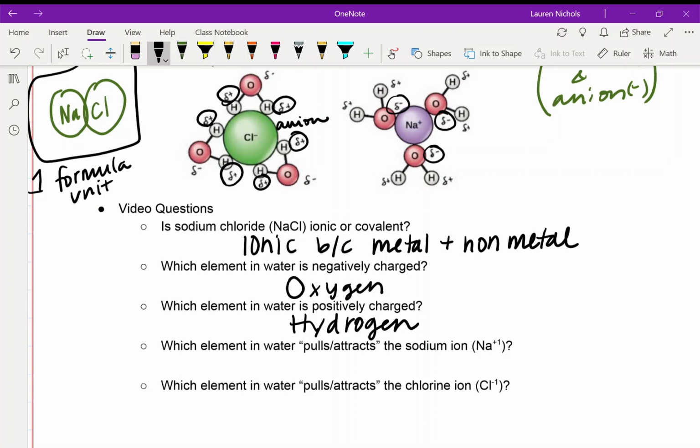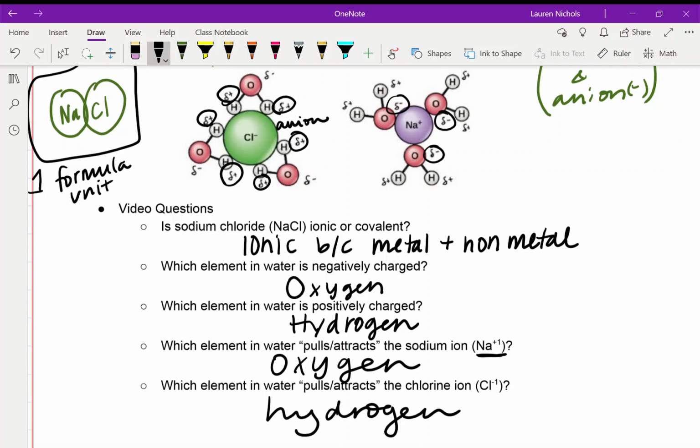And when we look at which element in water pulls or attracts the sodium ion, well, sodium is positive because it has that one valence electron that it's going to give away. And so it's going to be attracted to the oxygen, whereas the hydrogen is going to be attracted to the chlorine's negative charge.